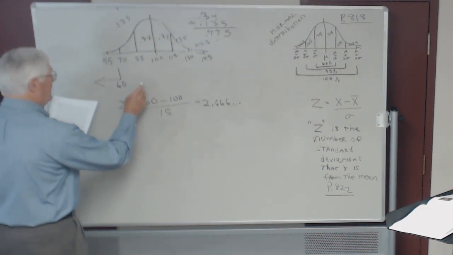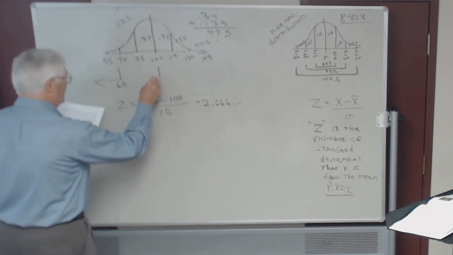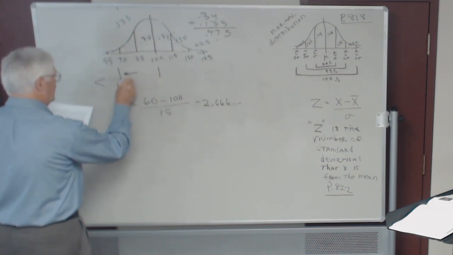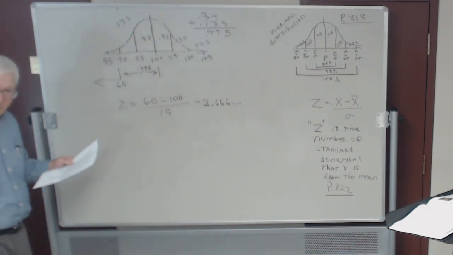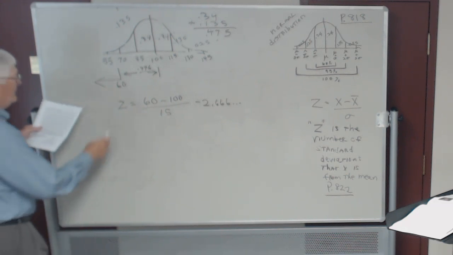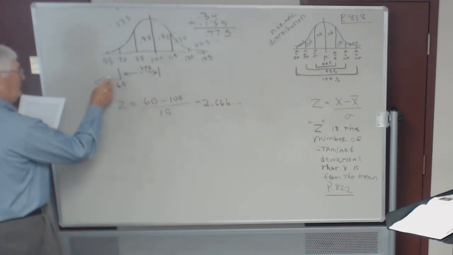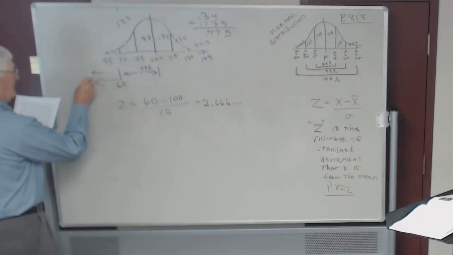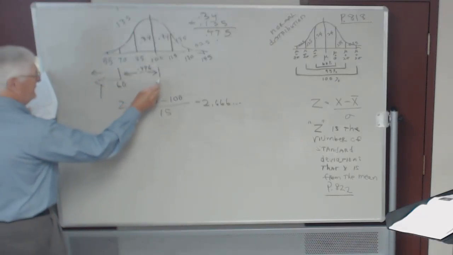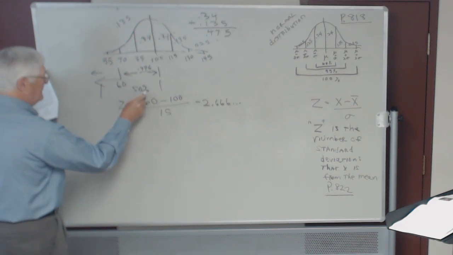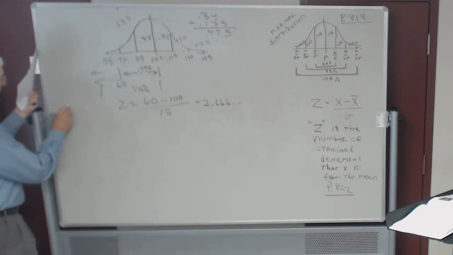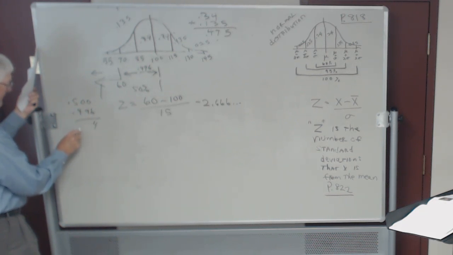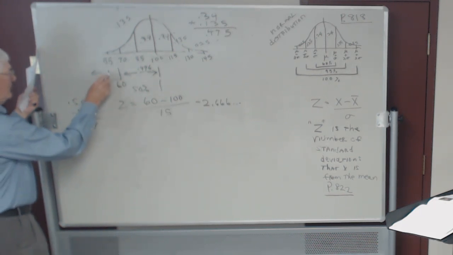So the probability from here to here is 0.496. Agreed? So if this is 0.496, what would this be right here, if the whole half is 50%? It would be 0.500 minus 0.496. So that'd be 0.004.